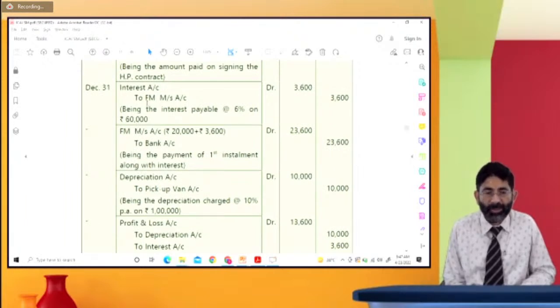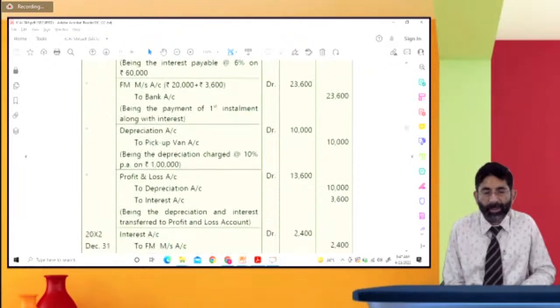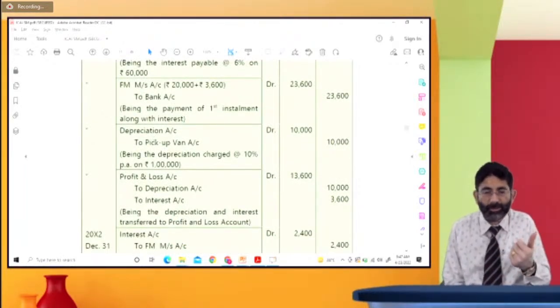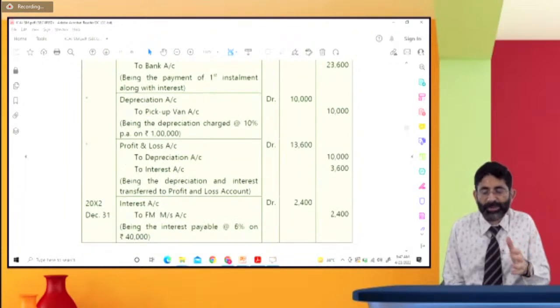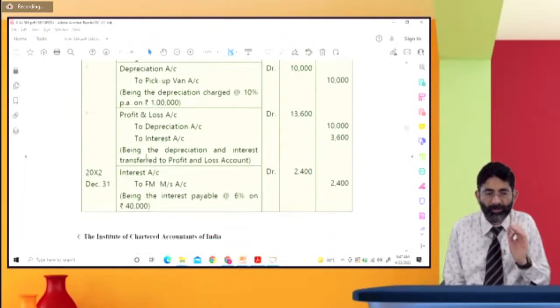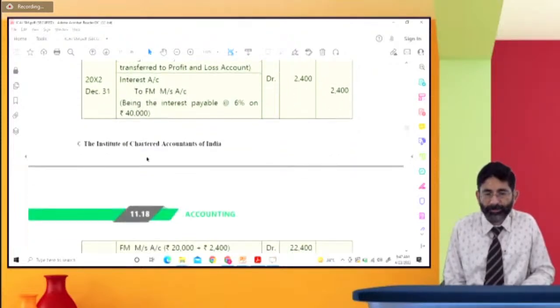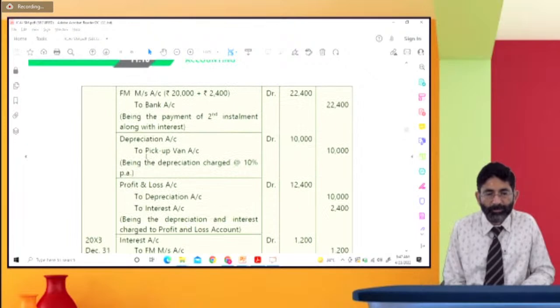Interest account debit to FM Messrs 2,400, FM Messrs to bank 22,400, depreciation to pickup van, obviously 10,000 because the straight line method is to be used in this case. Profit and loss account to depreciation, to interest, it will be 12,400. See here it is, interest account debit to FM Messrs account 2,400, and this is the payment of installment.